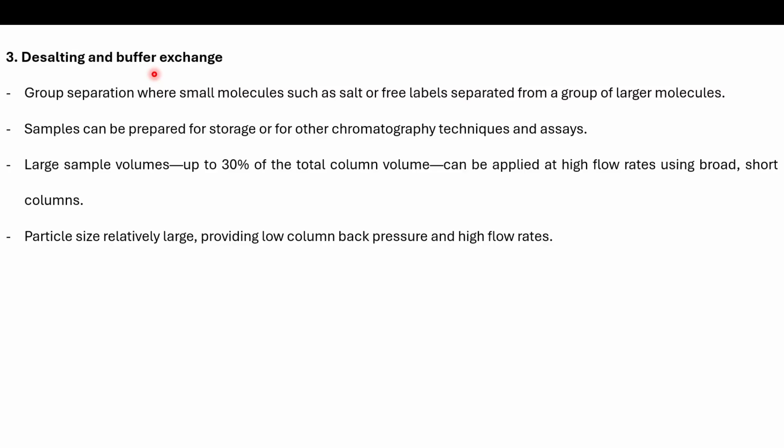But the buffer that was passed through the SEC column to elute your protein isn't really optimum for storage for longer periods of time, because proteins are not very stable for really long durations. So what people usually do, if they purify large amounts of protein, is aliquot it, flash freeze it, and store it at -80 degrees Celsius for longer shelf life.